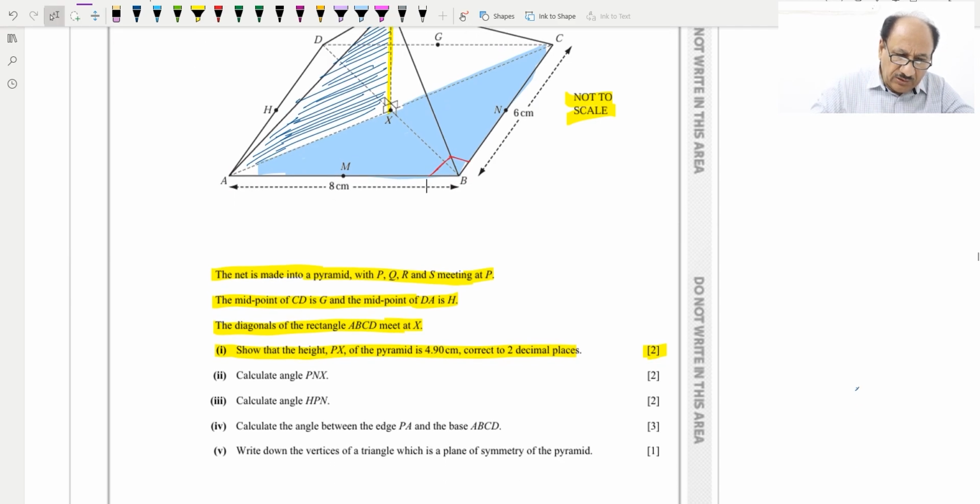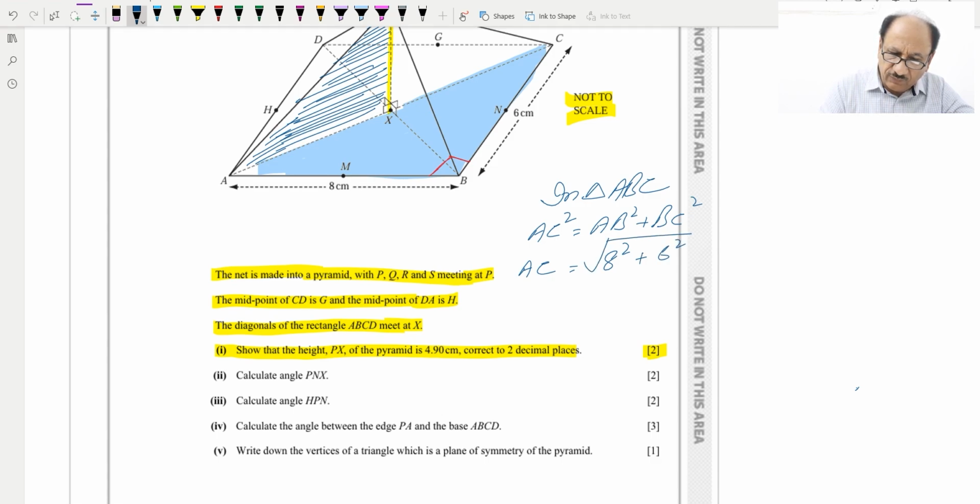So now we can consider triangle ABC. We can write here in triangle ABC, AC square is equal to AB square plus BC square. So AC will be equal to square root of AB, which is 8 square, plus the other side, BC, which is 6 square.